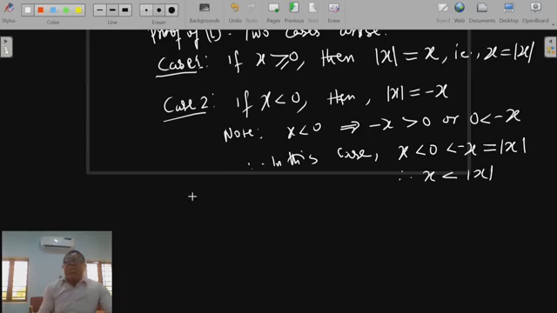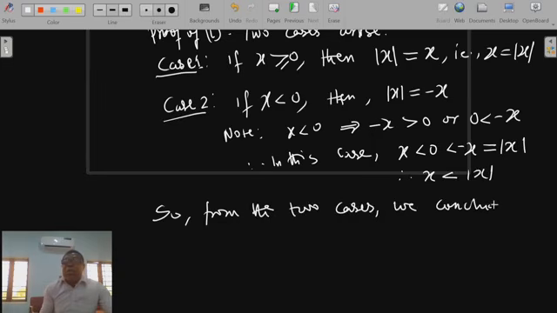Thus, putting these two together, from the two cases, we conclude that x is less or equal to absolute value of x.